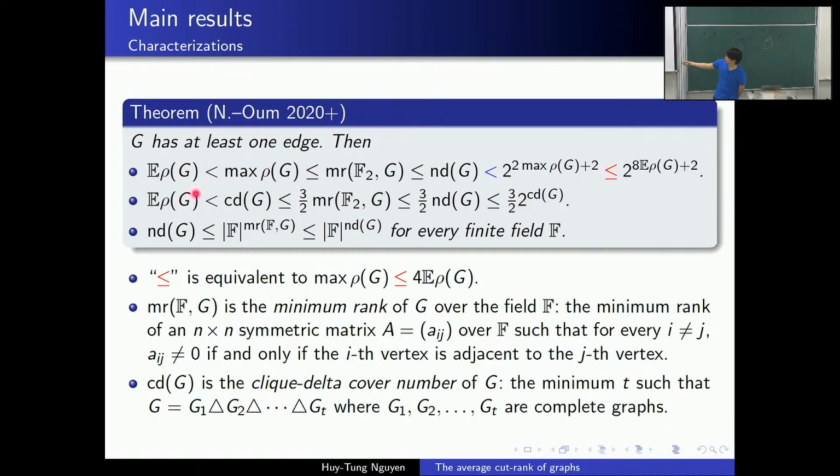And in the second inequality, there is an appearance of CDG, which is the clique delta carbon number of G. So it is the least number of cliques whose symmetric difference is G. Okay. But still, in this talk, I will only talk about the blue one and the red one.